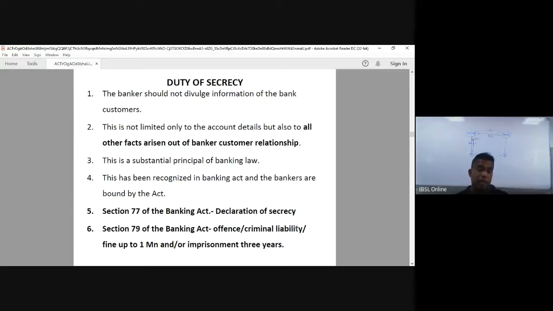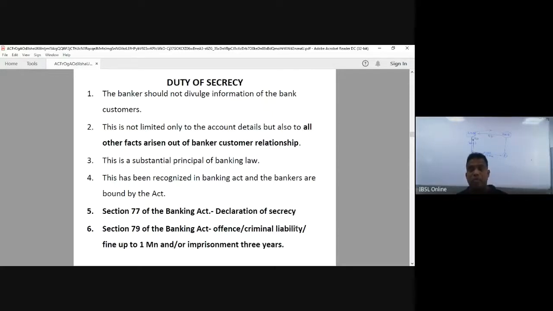Section 79 of the Banking Act says divulging of information or breach of duty of secrecy without the customer's consent is an offense. It is not just a civil offense, it is a criminal offense. You must remember this, all bankers.